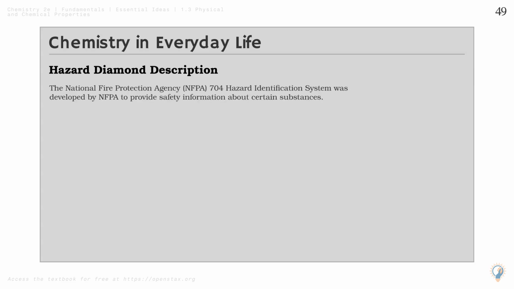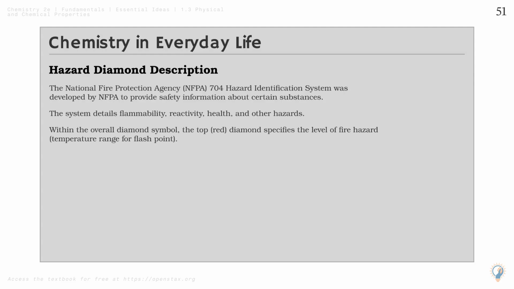Hazard diamond description. The National Fire Protection Agency, NFPA, 704 Hazard Identification System was developed by NFPA to provide safety information about certain substances. The system details flammability, reactivity, health, and other hazards.